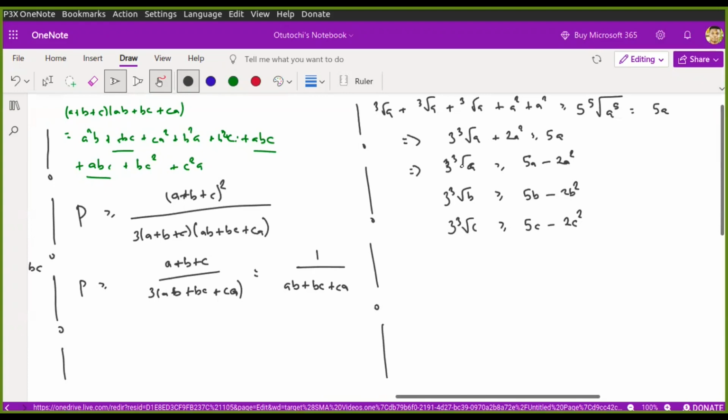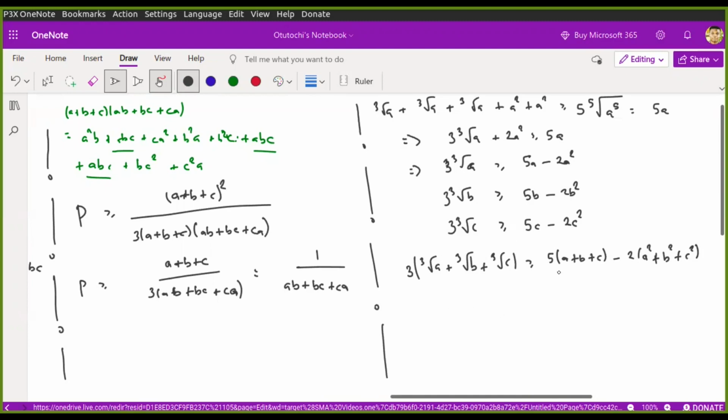All right, and in the second expression, not P, the one that P is added to, we have cube root of A plus cube root of B plus cube root of C, right? So we can easily add this and we get something nice. So we get that 3 cube root of A plus 3 cube root of B plus 3 cube root of C is greater than or equal to 5 times A plus B plus C minus 2 times A squared plus B squared plus C squared.